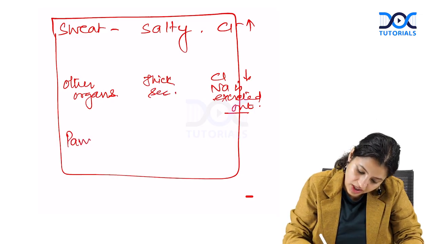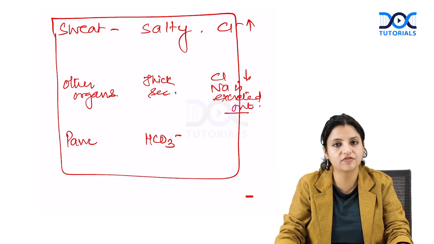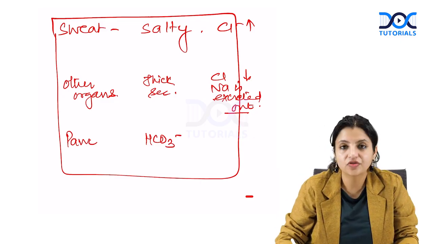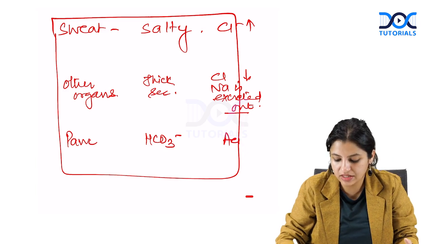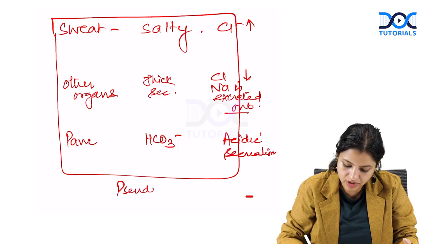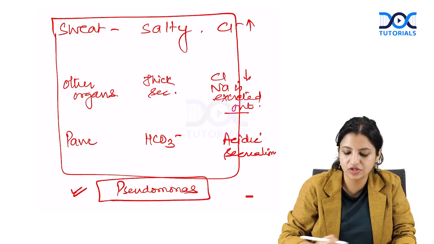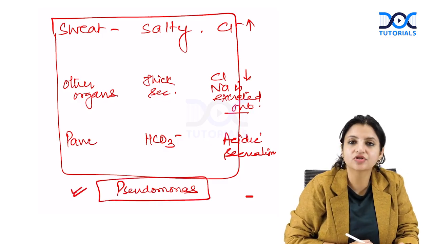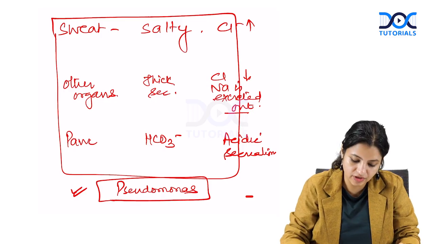The main cause in the pancreas is the bicarbonate channel, which is through CFTR only, not working, and that is why the secretions in the pancreas are acidic. And the main problem here is that infection by pseudomonas is very common in patients with cystic fibrosis. So that's the crux of the story of cystic fibrosis.